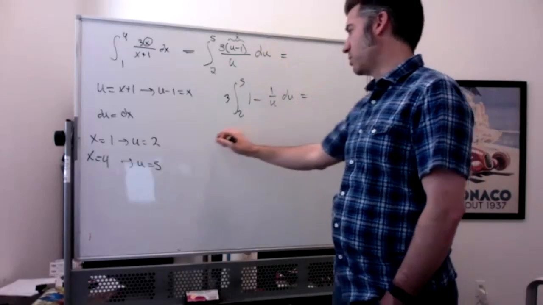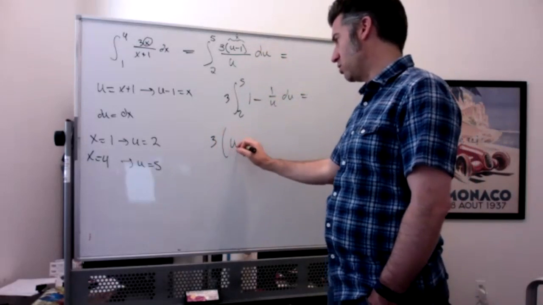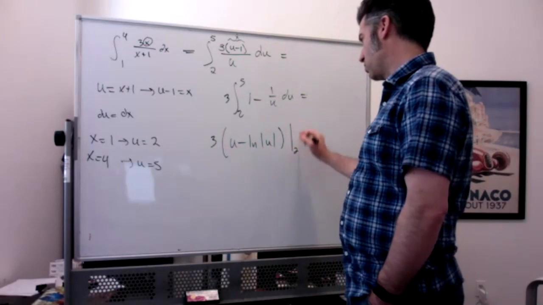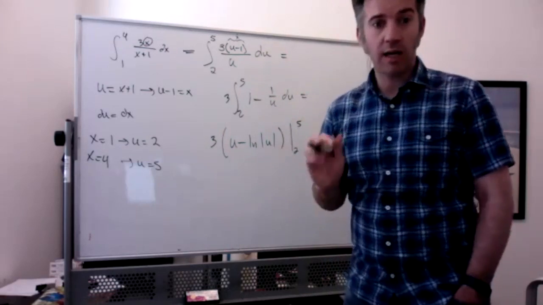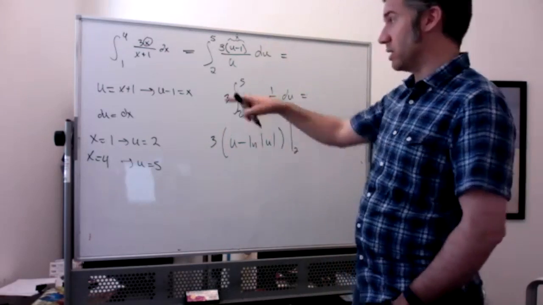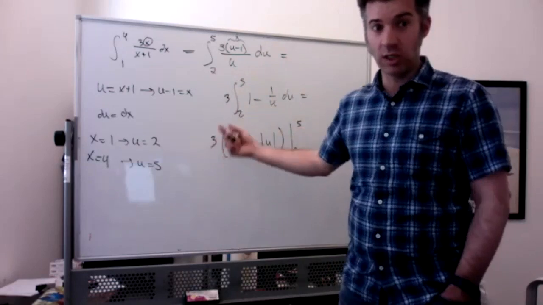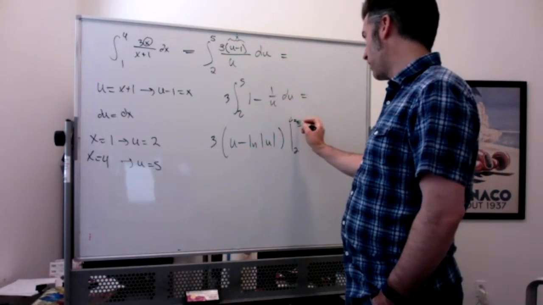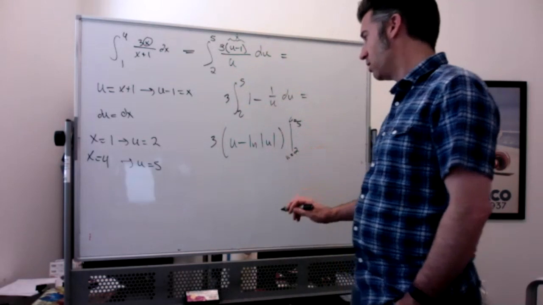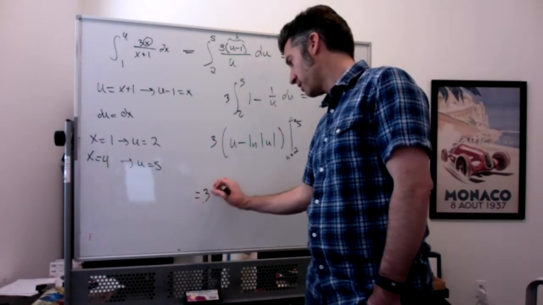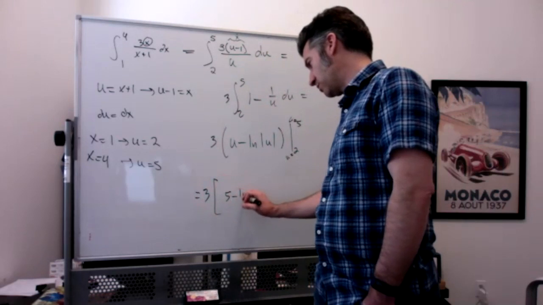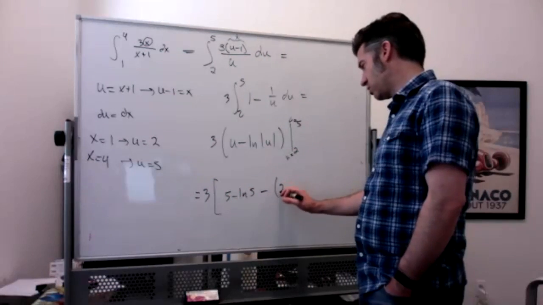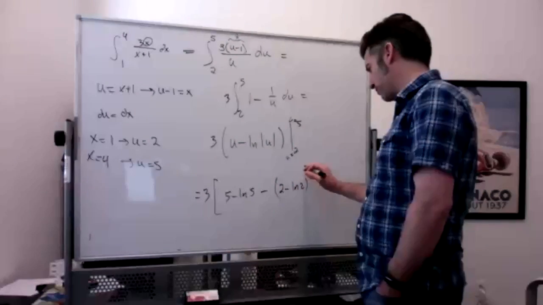When we integrate this, we get 3 times u minus the natural log of the absolute value of u, from 2 to 5. I'm not going to plug back in that u is equal to x plus 1 because I already changed my limits of integration. So I'm just going to plug in u equals 5 and u equals 2. I get 5 minus the natural log of 5, and then 2 minus the natural log of 2.